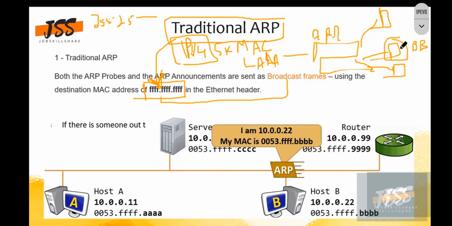As soon as it receives that packet, it will know, yeah, this computer is looking for me, so I'm going to send back a reply. Once it sends back the reply, the switch will have this MAC address now and will add it into the CAM table for future use. So next time when this one wants to communicate with that one, the CAM table is already populated and the traffic will be forwarded directly without sending a broadcast.